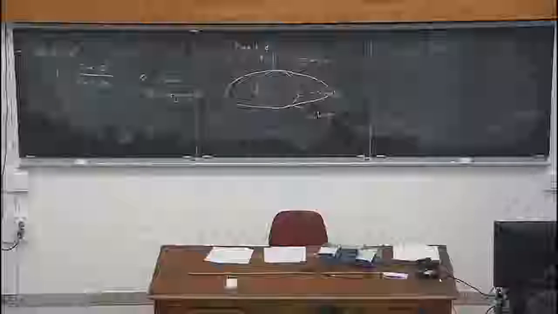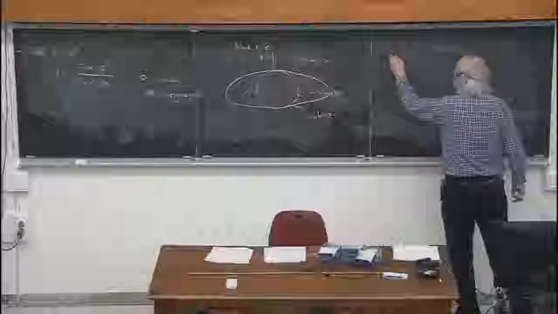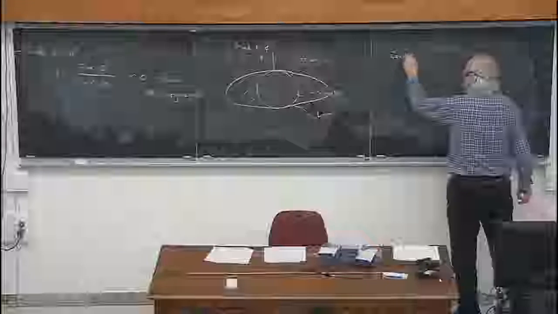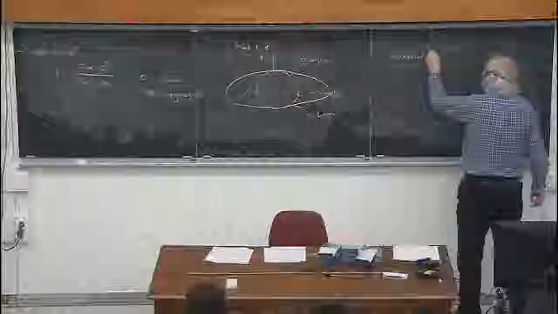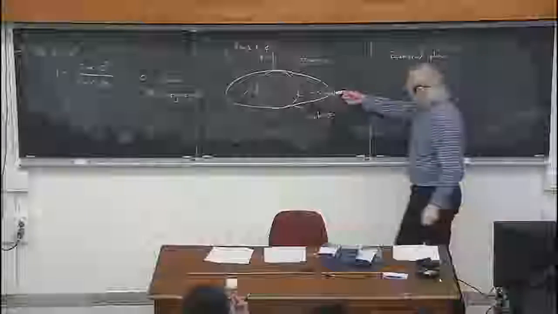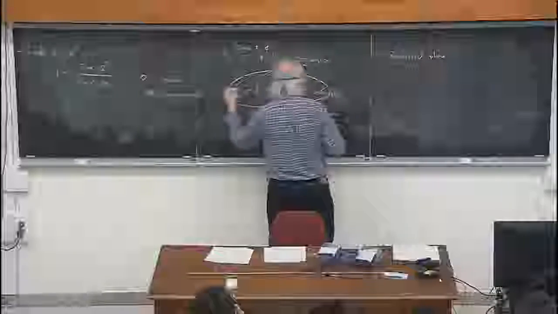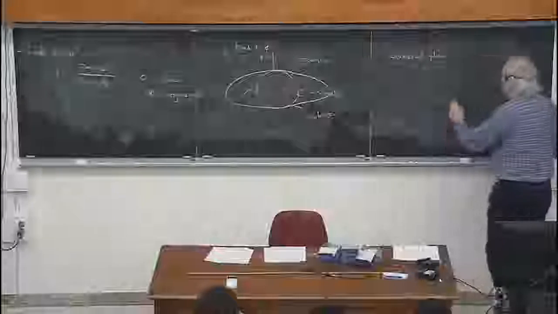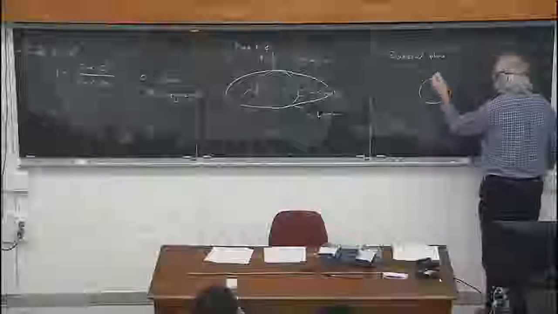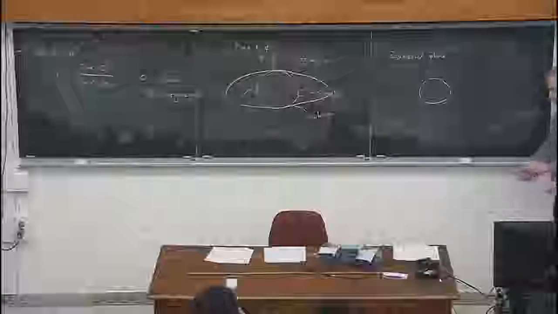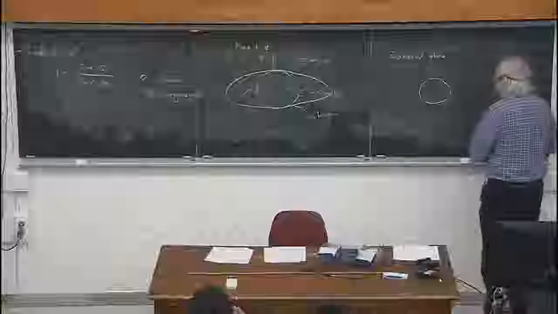So in the equatorial plane, in other words, it's going to be a section through something like that. We have the horizon sitting here, and the boundary of the ergo region sitting here.